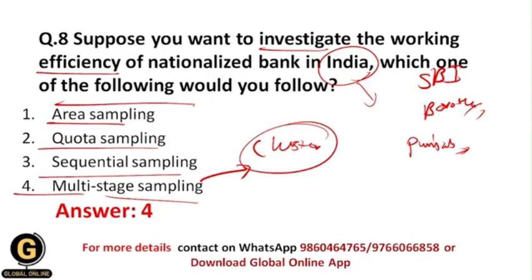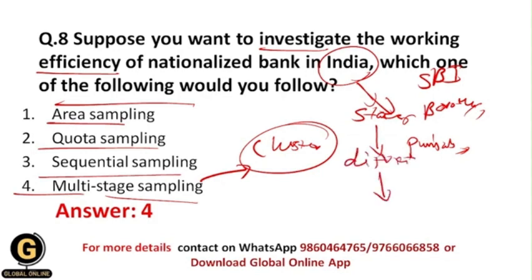Within India there are lots of states, and in each state there are lots of districts, there are lots of towns, right? And I need to reach every area. So firstly I will make subgroups of India into different states. Then within the different states I will make subgroups of districts.